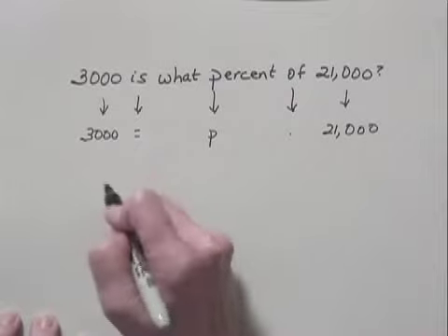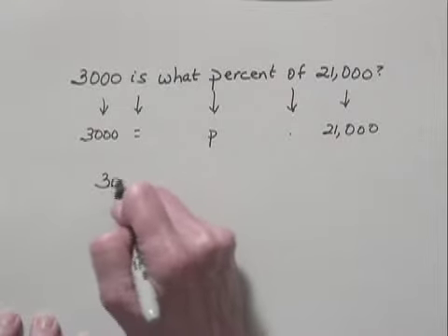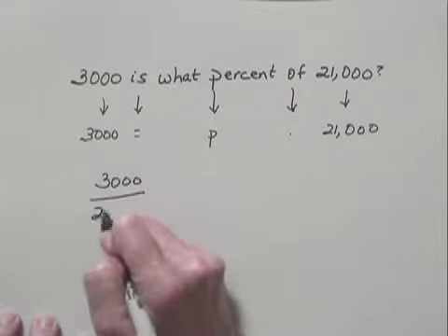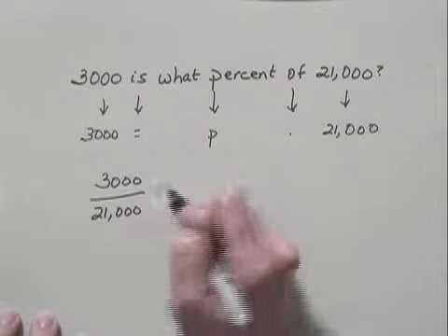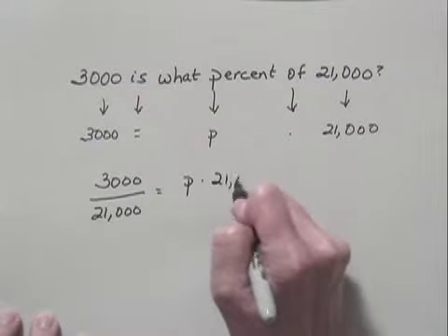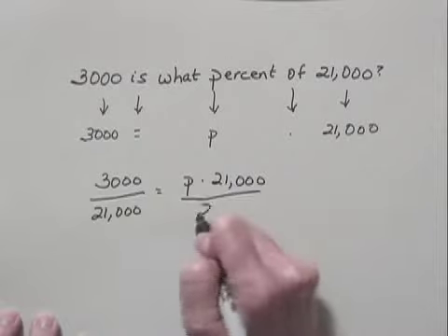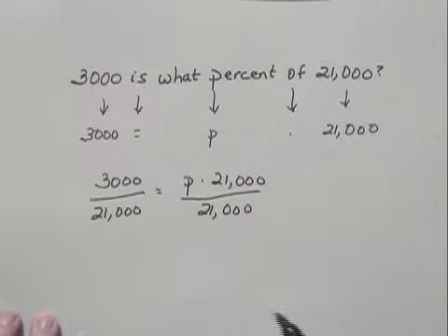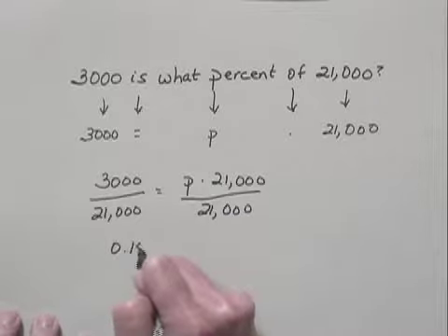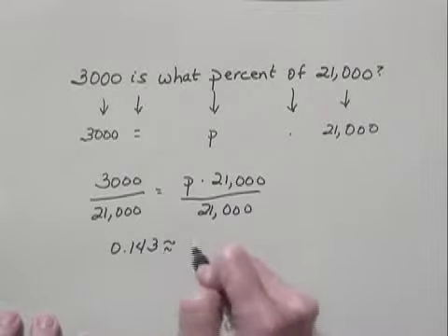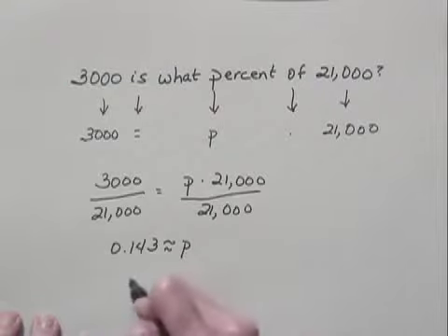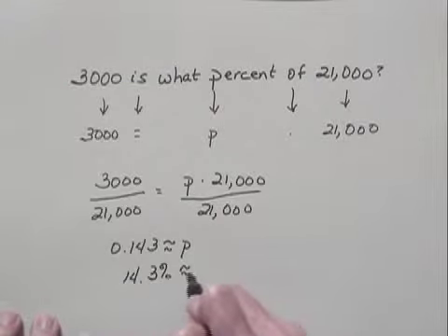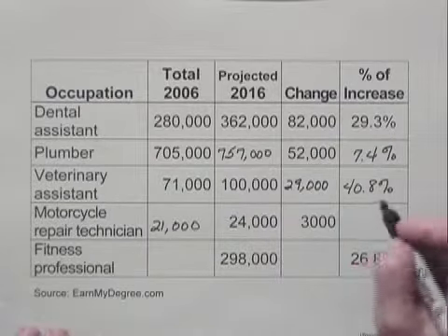We'll divide on both sides by 21,000 to find P. 3,000 divided by 21,000 is approximately equal to 0.143. Writing this in percent notation, we have 14.3% is approximately equal to P. So let's fill that in the table.